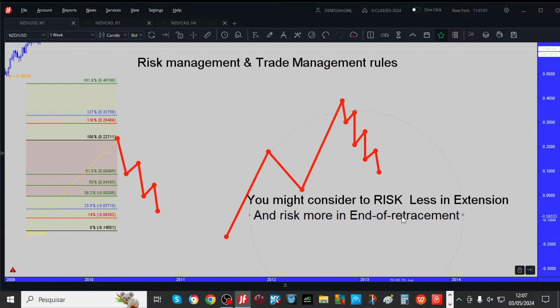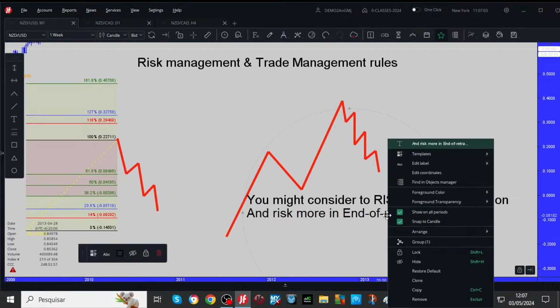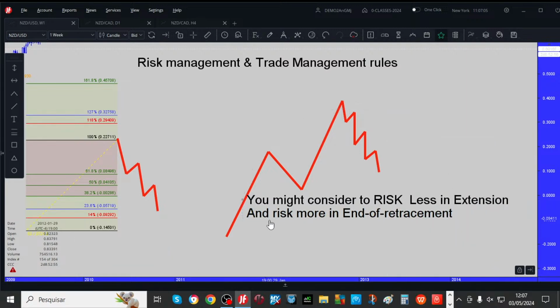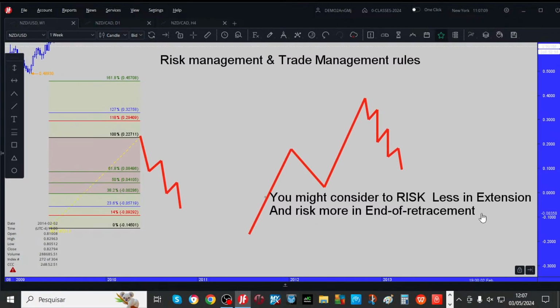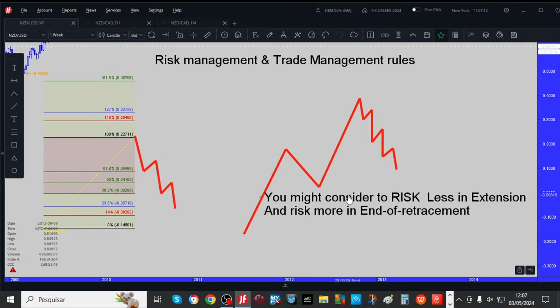There you go. Here, click on this one. All right. You might consider to risk less in extension and risk more at the end of the retracement.